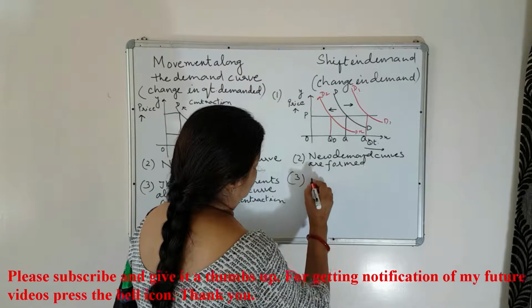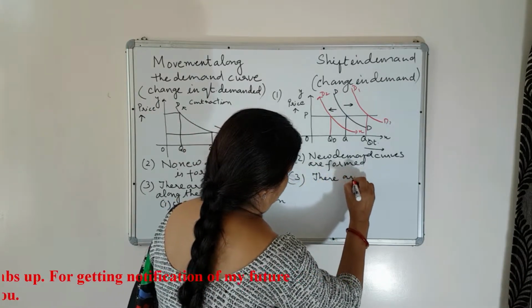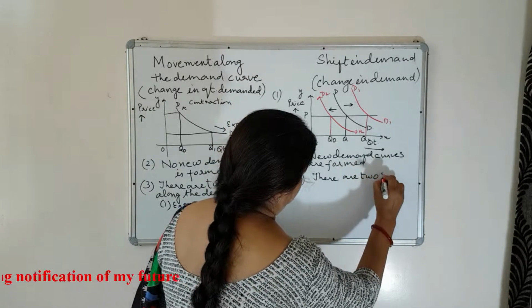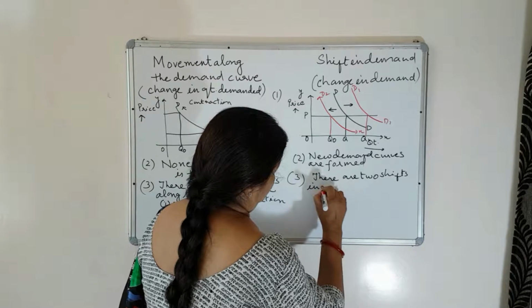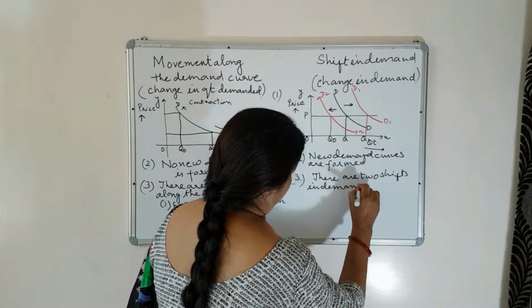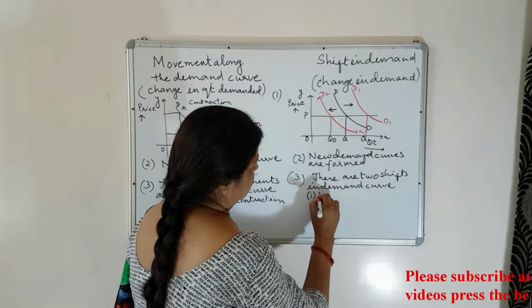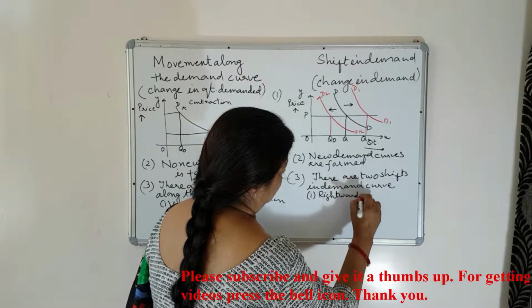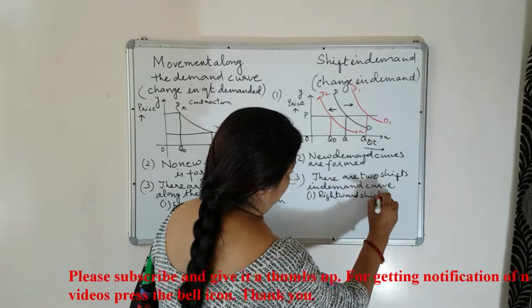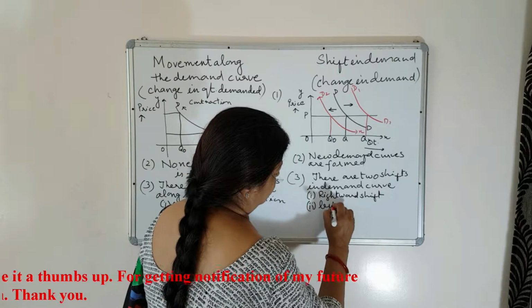Now here what you will write, that there are shifts in demand curve. First shift is rightward shift, and second shift is leftward shift.